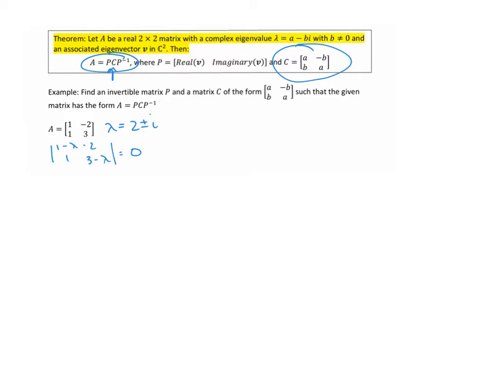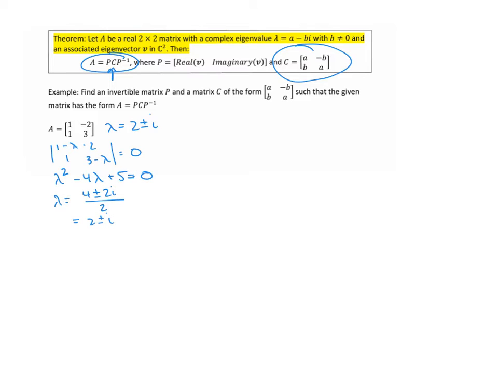I'm going to cheat a little bit and just go right to my equation. Using the quadratic formula, I ended up with 4 plus or minus root negative 4, which I'm just going to write as 2i, all over 2. So 2 plus or minus i.